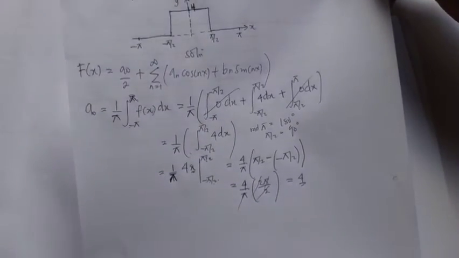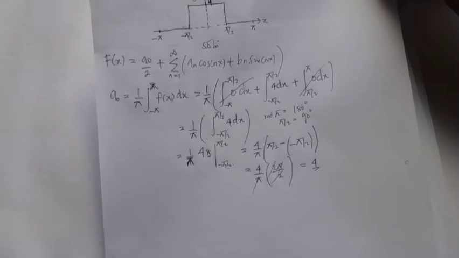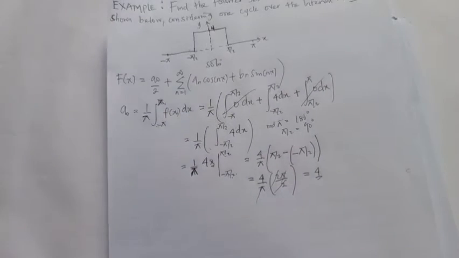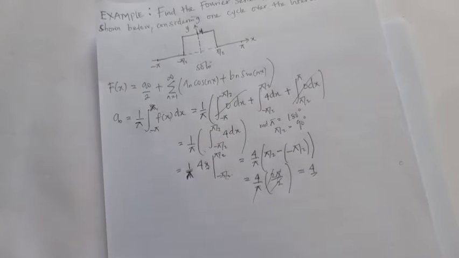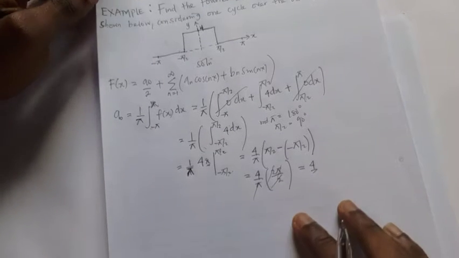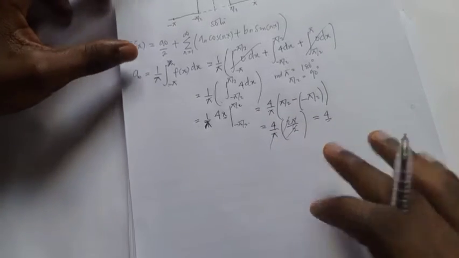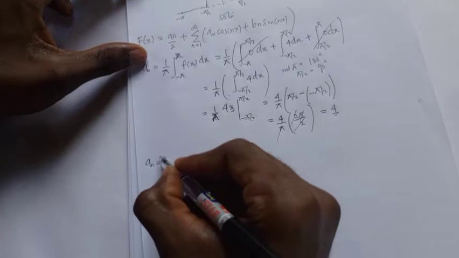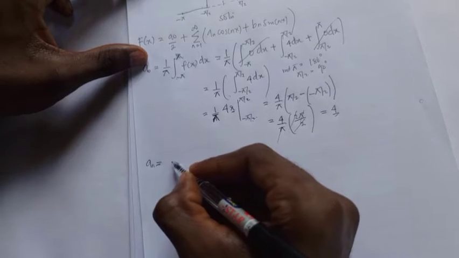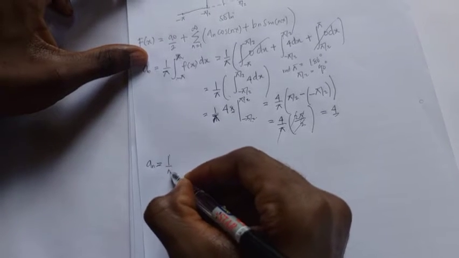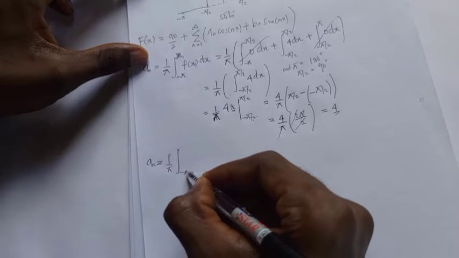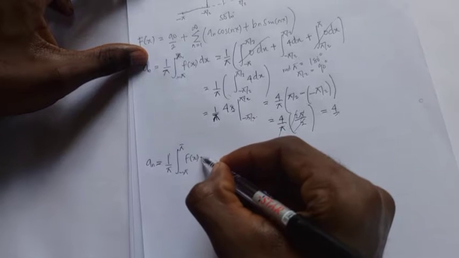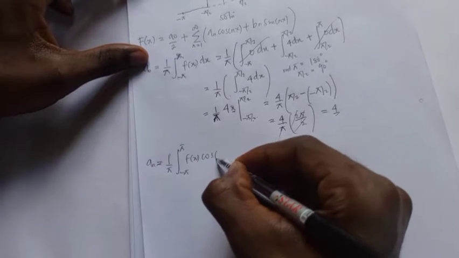Now the next thing we are going to do is to calculate our an. So calculating the value of our an, we know that an is equal to 1 over pi, the integral of minus pi to pi, f of x cosine of nx dx.